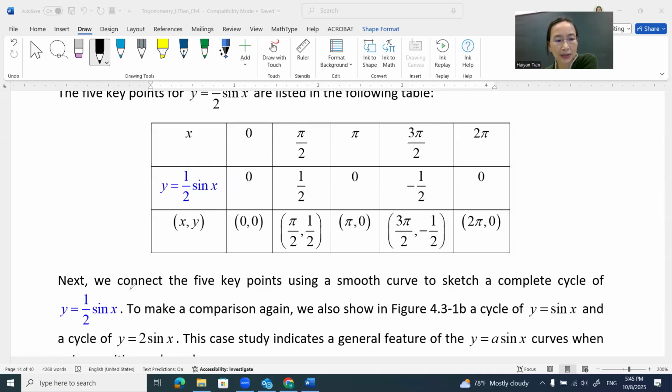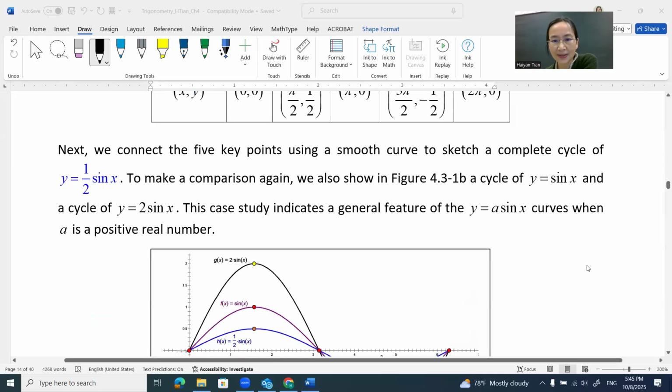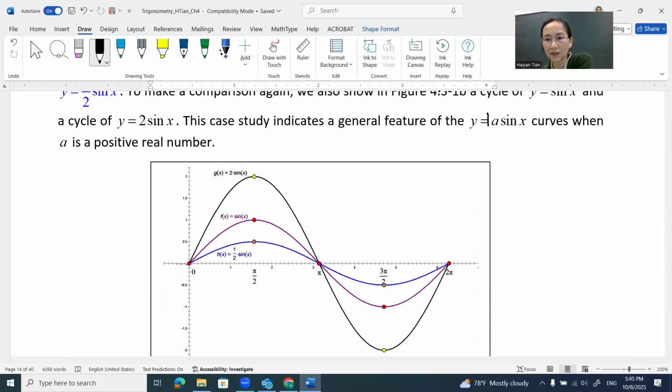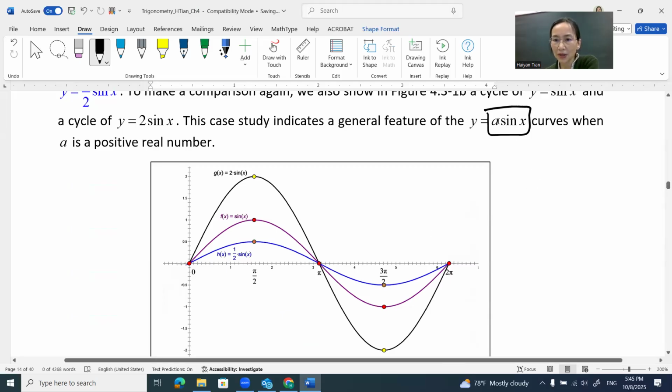So we can see this number a, whenever we want to sketch functions of this form, will affect the amplitude. So far we have tried different positive values of a.